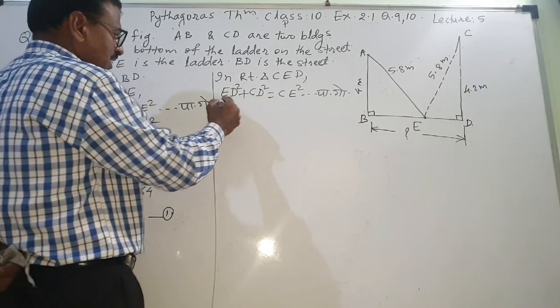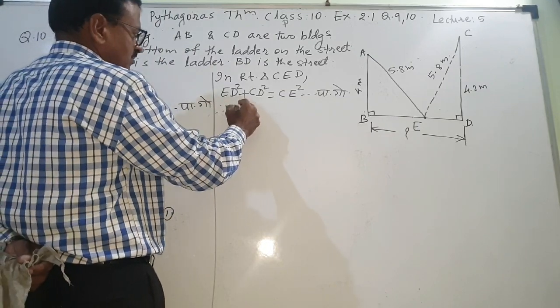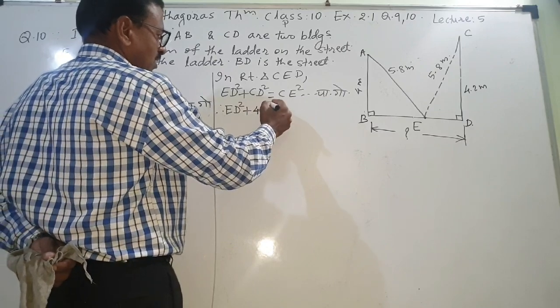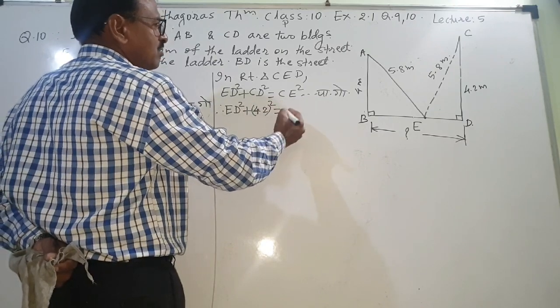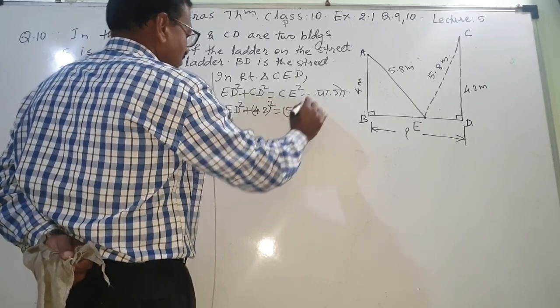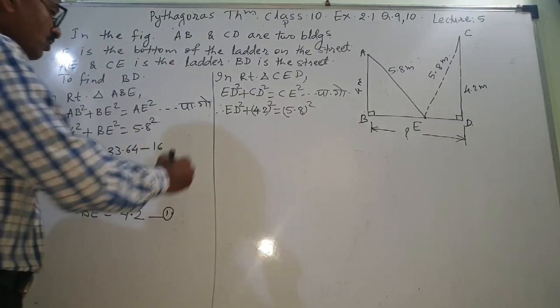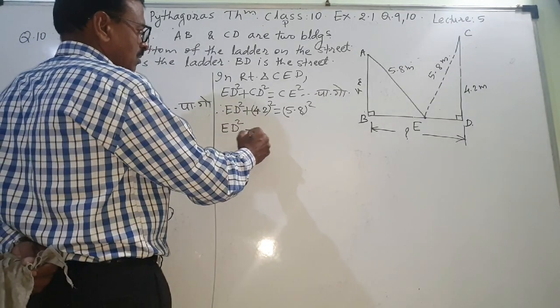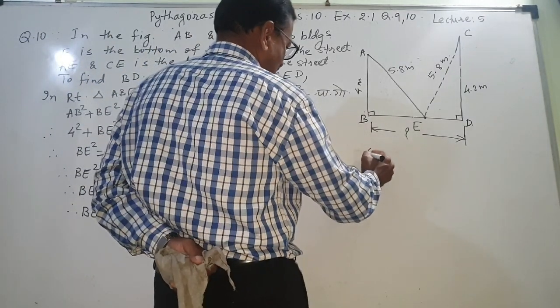Therefore, ED don't know. ED square plus CD is how much? 4.2. Its square is equal to CE square, 5.8. Its square. So ED square equal to 5.8 into 5.8. I forgot it.